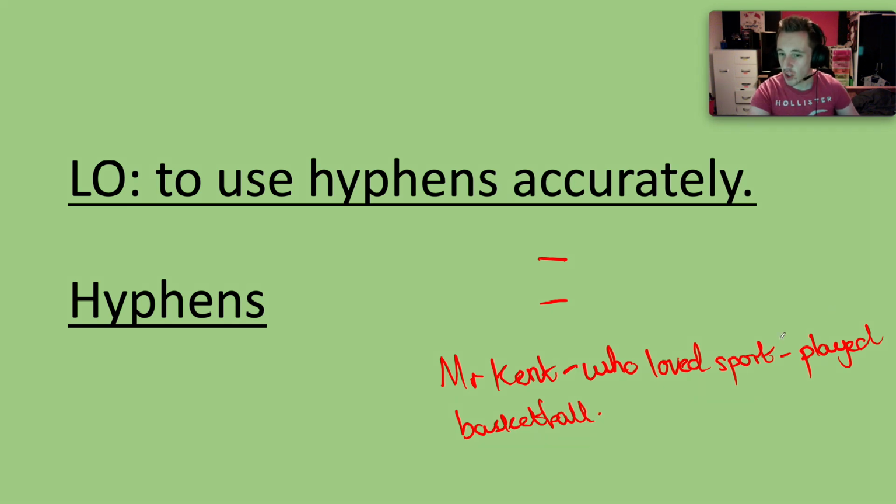The dashes are used to separate the parenthesis or the subordinate clause from the rest of the sentence. Dash is used to separate parts of a sentence. Hyphens are used between two words. And you'll see what that looks like in a second.